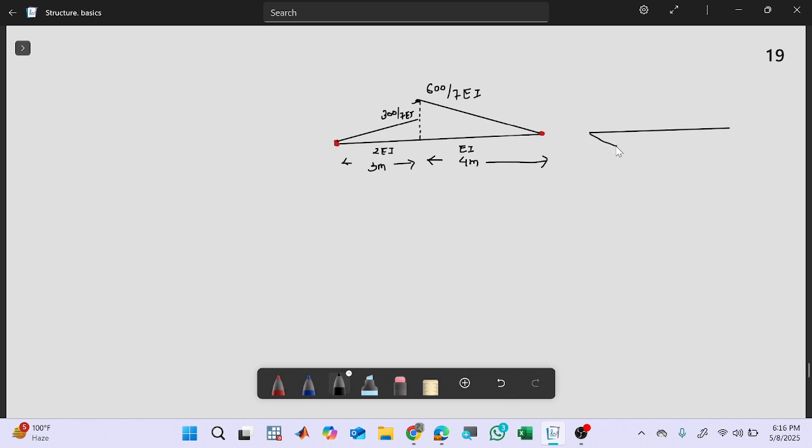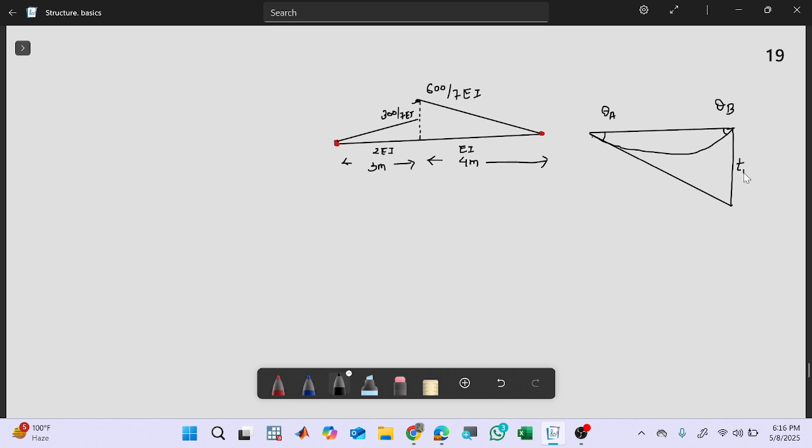So the beam will bend something like this for this problem, and if I draw one tangent here and connect that tangent with the projection, the angle here is theta A and here it is theta B, and this will be theta.